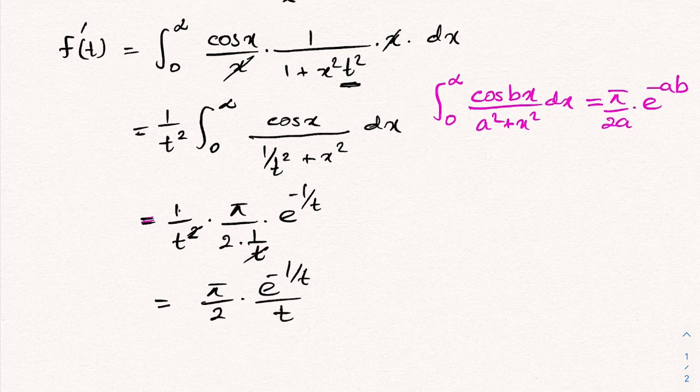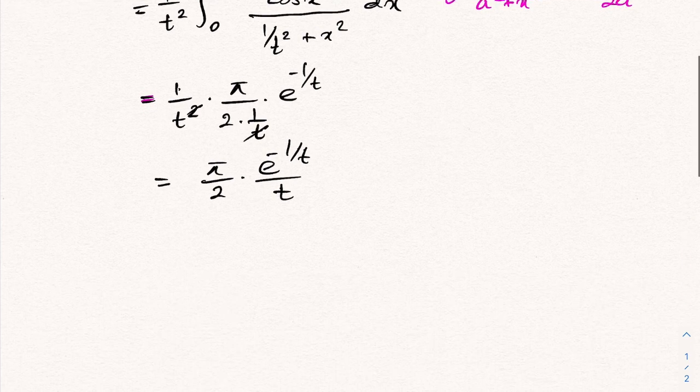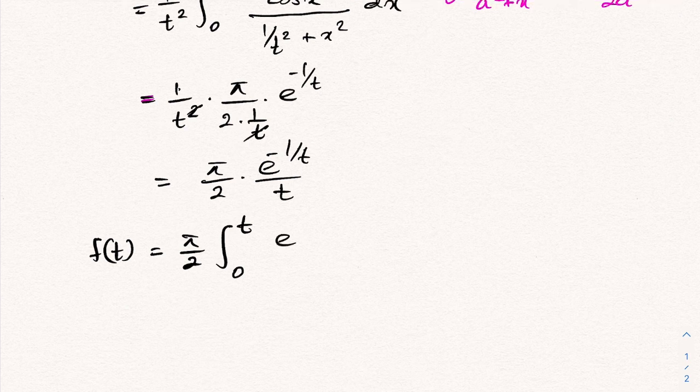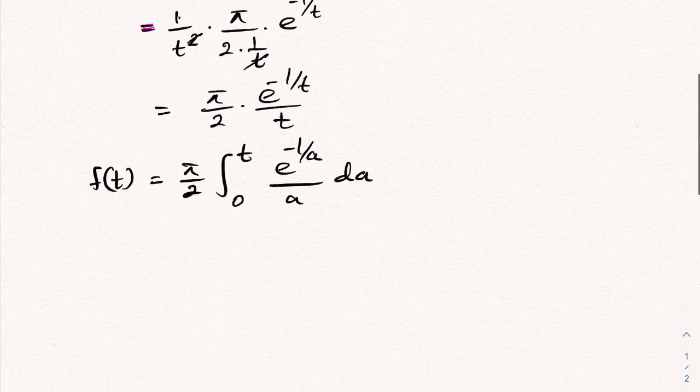Okay, then I'm going to integrate both sides with respect to t. So we can write here f of t is equal to pi over 2, constant, and here I'm going to take the definite integral from 0 to t. I'm going to change the variable: e to the minus 1 over a times dA.